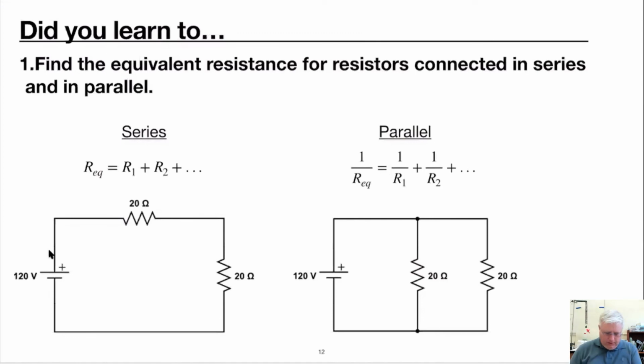So did you learn to find the equivalent resistance for resistors connected in series and parallel? In series, the equivalent resistance is just the sum of the individual resistances of each resistor. In parallel, it was the inverses. Okay, so the same pattern as with capacitors, but flipped as far as what happens in series and what happens in parallel.